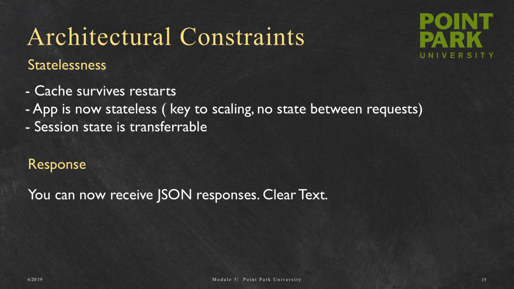So stateless: the application is now stateless, so key to scaling, no state between requests. Session state is transferable. Response, you can now receive JSON responses, clear text, and that's what we'll use in our lab.